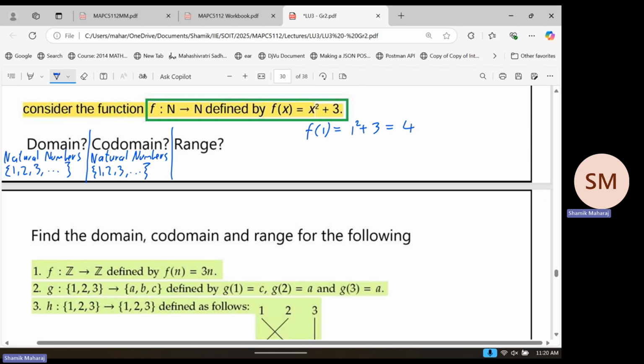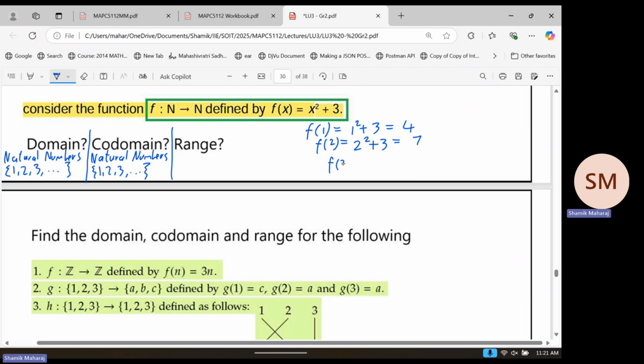That's the first element of the range. The second one comes from the second element in the domain, and so on. You just keep doing that. The second one is f of 2, which gives me 2 squared plus 3, which is 7.